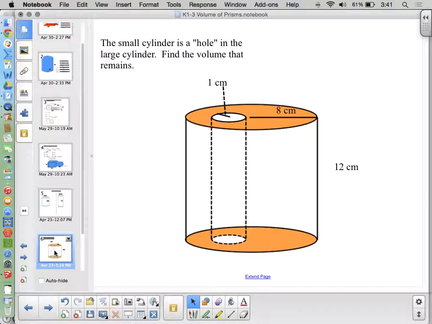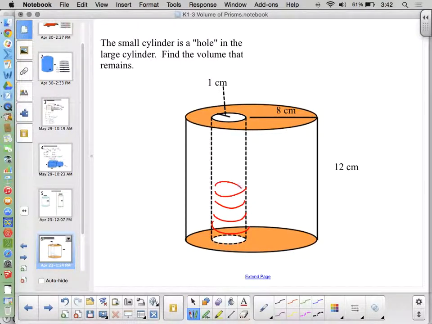For example, if I find the surface area and the volume of this, well, the volume actually isn't bad. It's the volume of the big cylinder minus the volume of the small cylinder. That's easy. The surface area is going to be a bit more complicated because I have to take the surface area of the entire big cylinder minus the 2 holes there, top and bottom, in the surface, but we'd have to add in all the surface on the inside of this cylinder cutting through the inside.